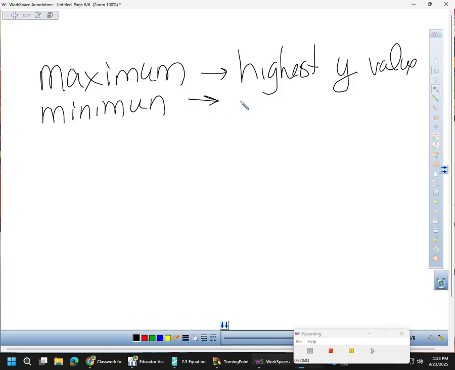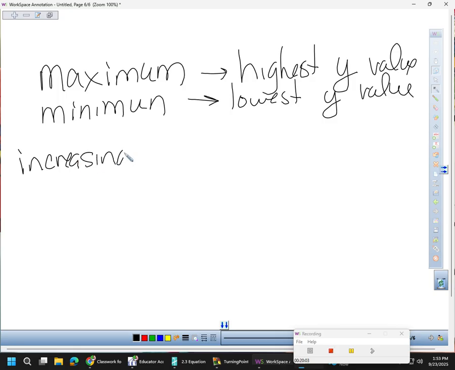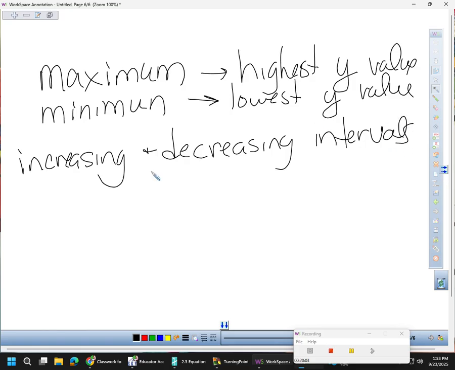The minimum is the lowest Y value. We are also going to talk about increasing and decreasing intervals. Increasing and decreasing intervals use the X value.